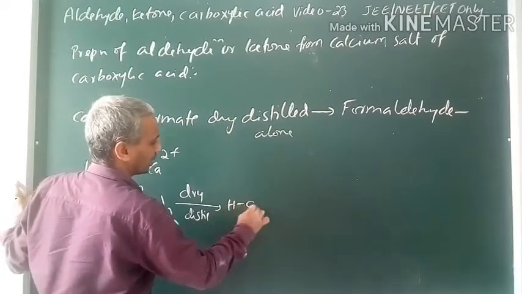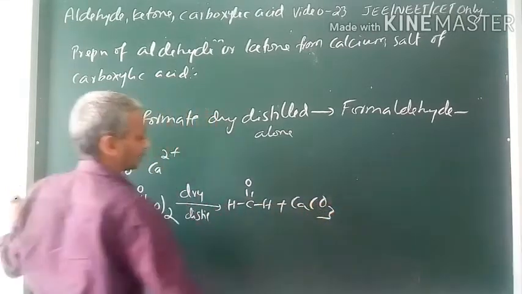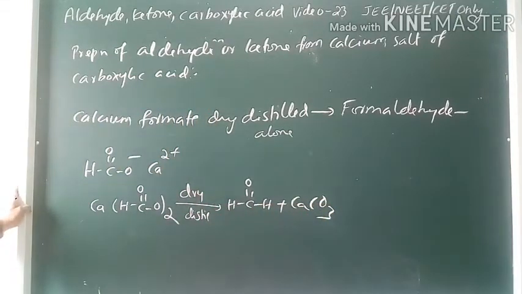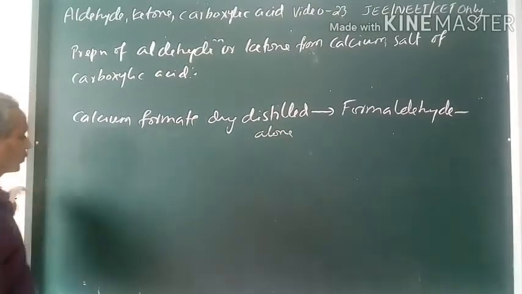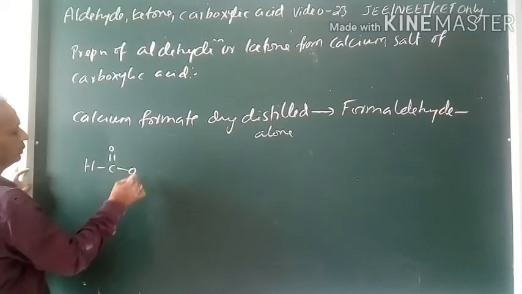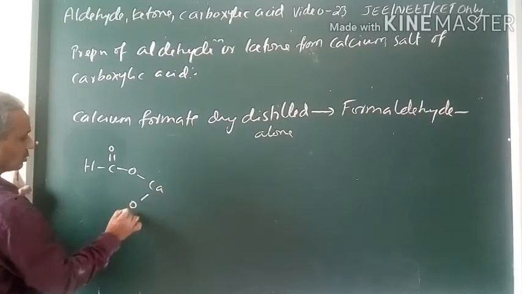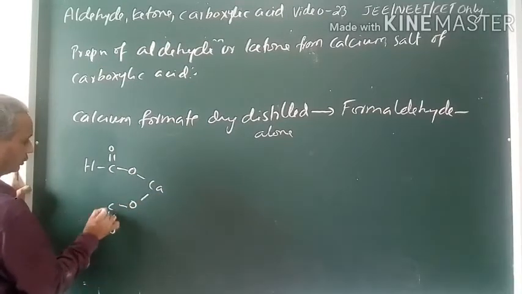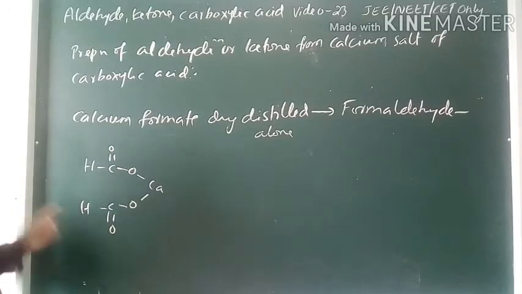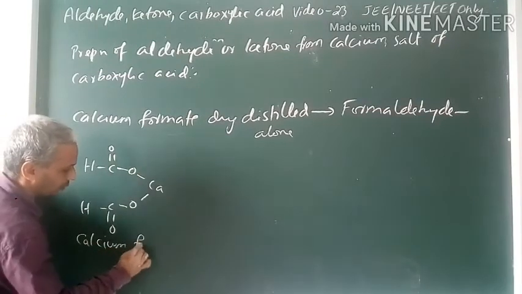I get HCHO along with calcium carbonate. How exactly? Just here HCOO, CaOCOH. This is calcium formate.